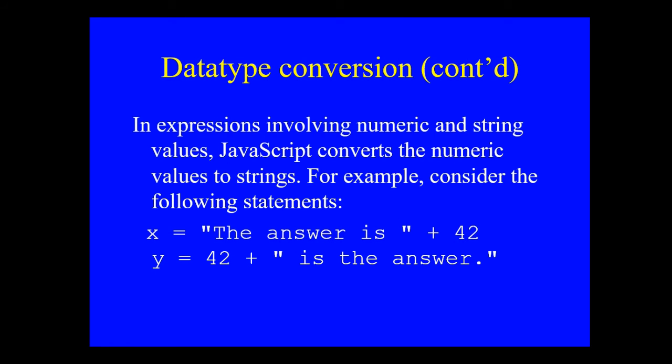In expressions involving numeric and string values, JavaScript converts the numeric values to strings. For example, consider the following statements: x = "The answer is " + 42; y = 42 + " is the answer."